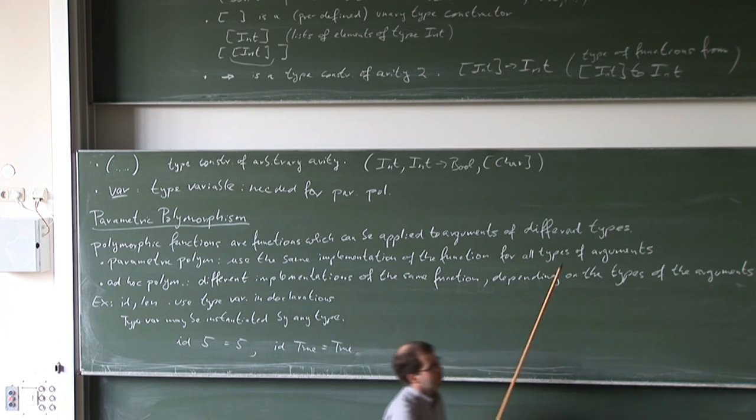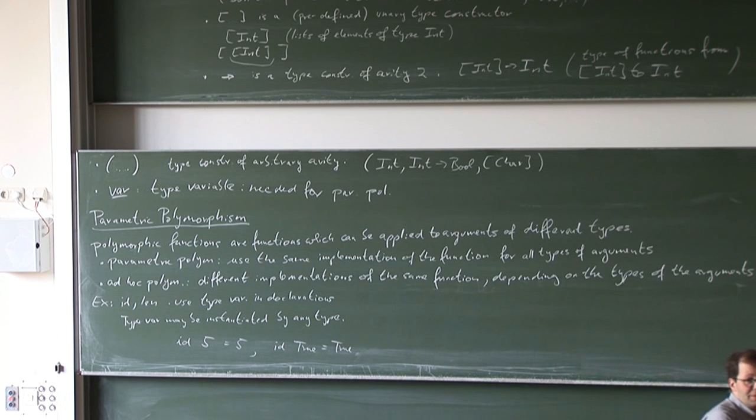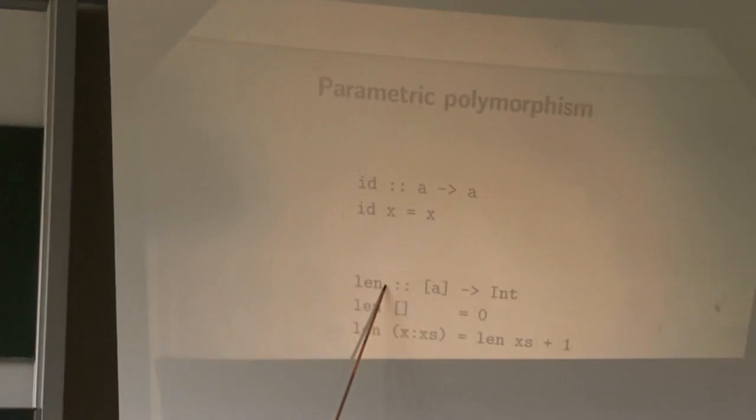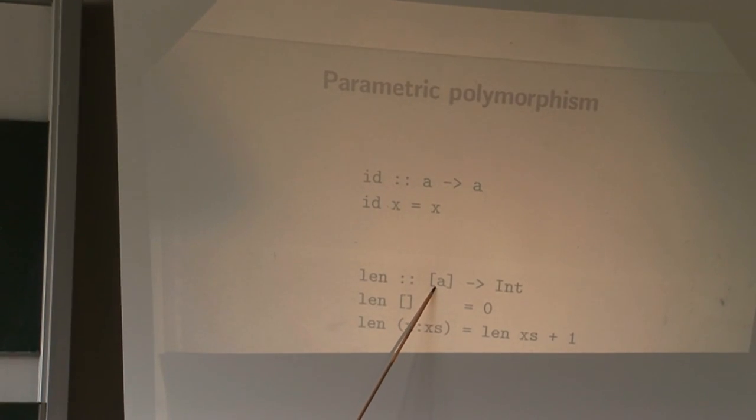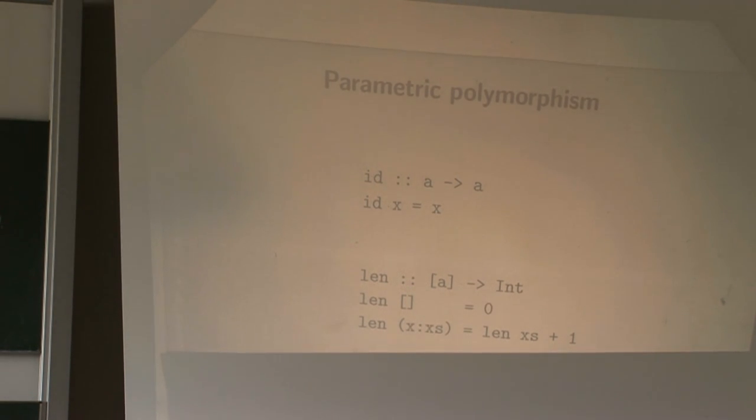The length function that we have here is again meant to compute the length of a list, and it can compute the length of a list with arbitrary elements. So you can apply this length function to lists of integers, but also to lists of booleans, or lists of characters, or lists of whatever. The outcome will always be an integer. And you can see you use the same implementation of len no matter whether you regard lists of integers or lists of booleans, because in order to compute the length of a list, it doesn't really matter how the elements look like.